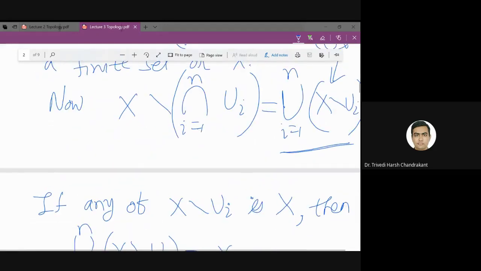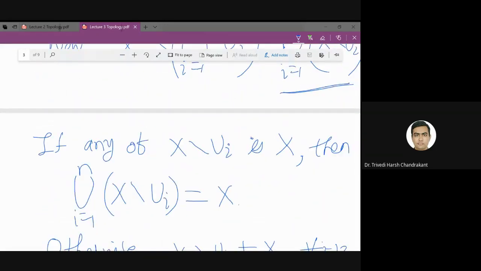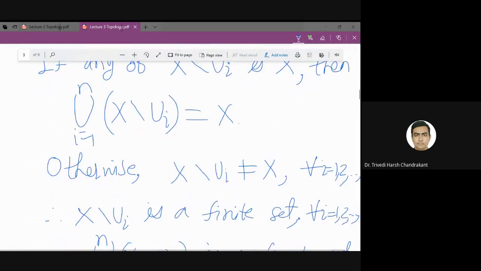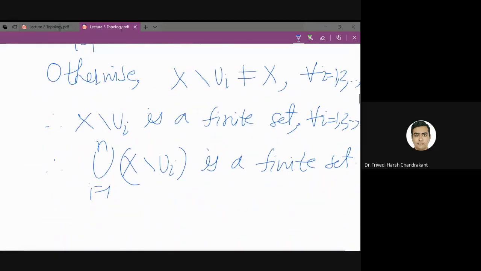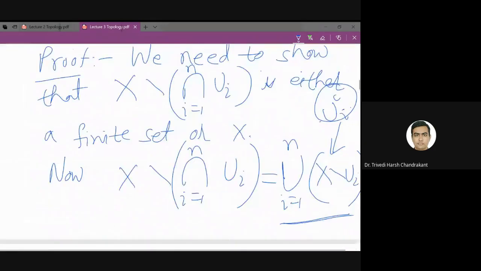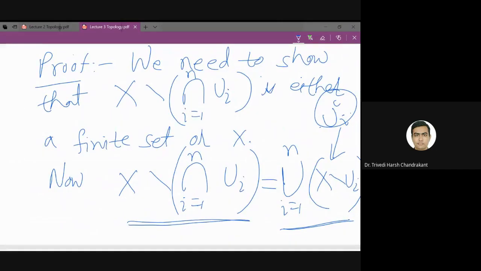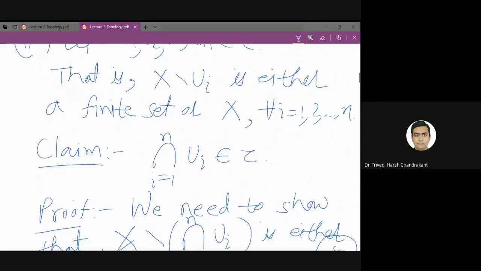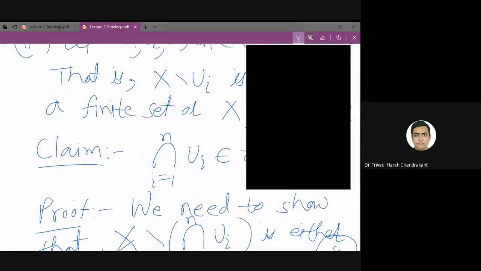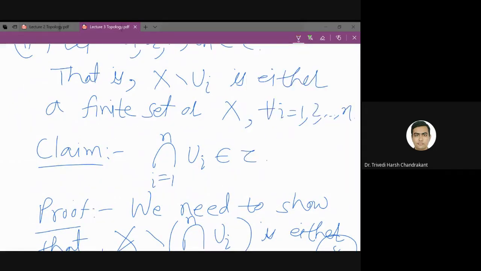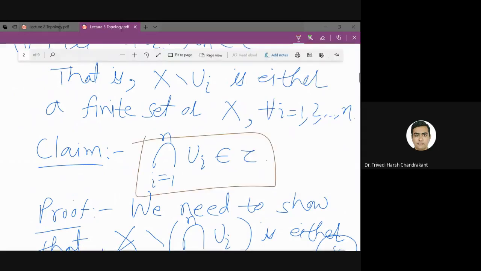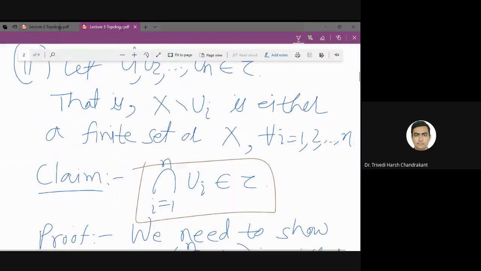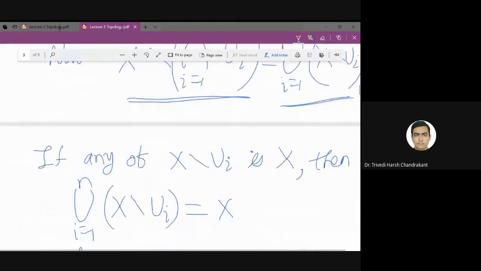In both cases, in the first case we get that the union is X, and in the second case we get that the union is a finite set. So in both cases, this set is either finite or it is X. That means it belongs to tau. So basically we verified the second property.